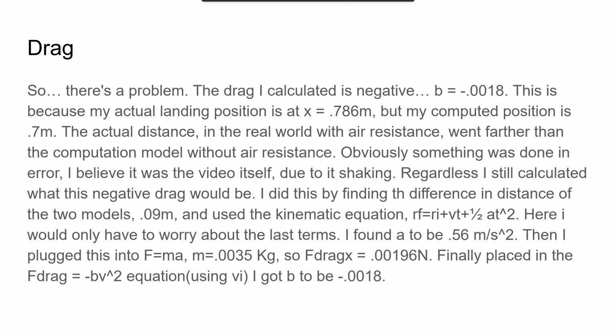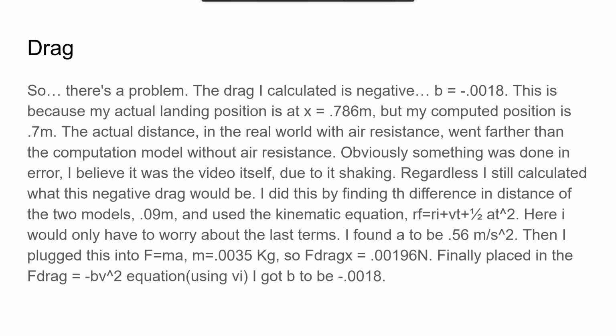In context, it kind of means that air resistance was pushing the ball forward, although I believe it's because of camera shaking that the calibration was set off, and that at the end of the day this number is going to be meaningless. What happens in the x direction, if the camera is shaking, will probably not happen in the y direction as well, and there's no way to really calculate that.